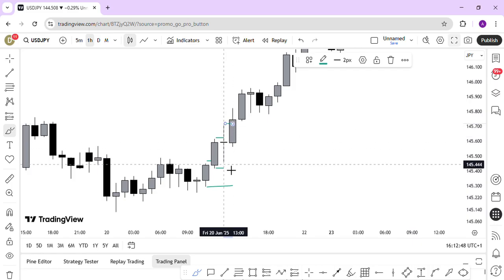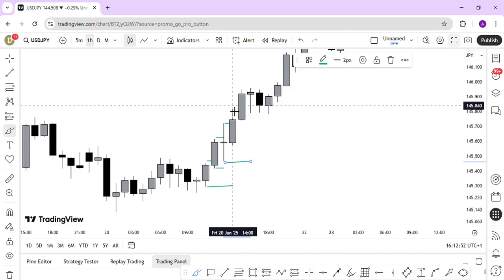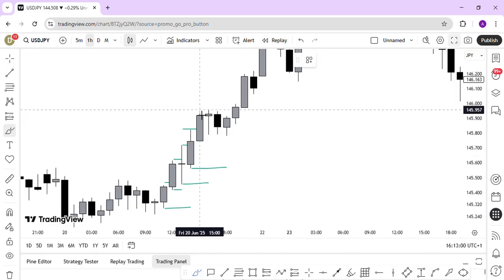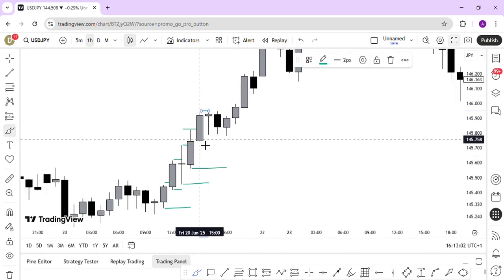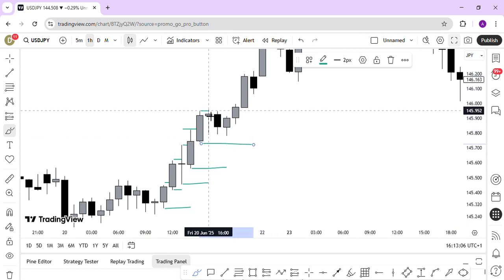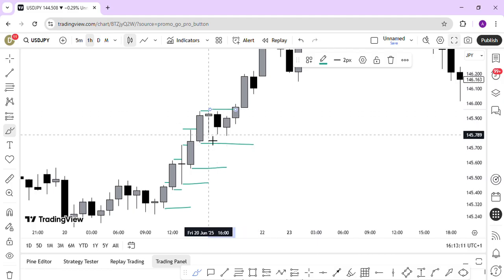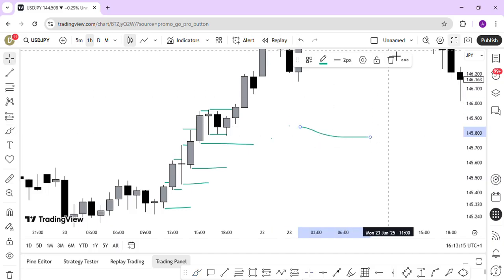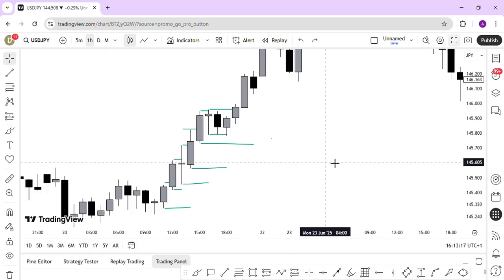Next candle opens, high, low, protected. None of these candles was able to take out this low. Next candle opens, we have high, low, was protected. Next candle opens, you see high, low, was protected. So it means that we shift this high, another one, we line this, and you can see finally we had a situation whereby the low was taken out.